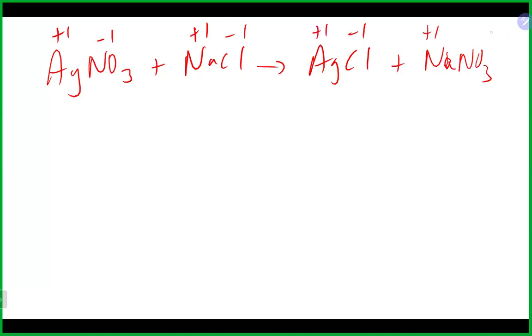Sodium is +1, and nitrate is -1. Absolutely no change in the oxidation states or the charges for each of these elements on both sides. So there are no electrons being transferred or accepted in this case. So again, in double displacement reactions, we don't have that transfer of electrons occurring. Everybody maintains their same charges. No transfer of electrons here.